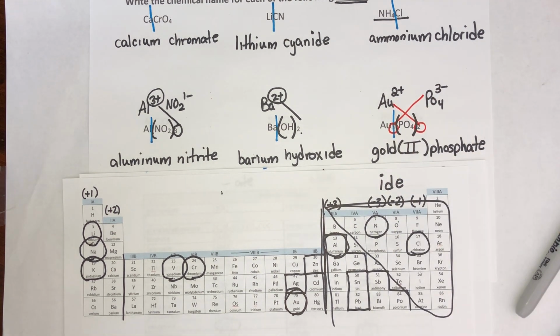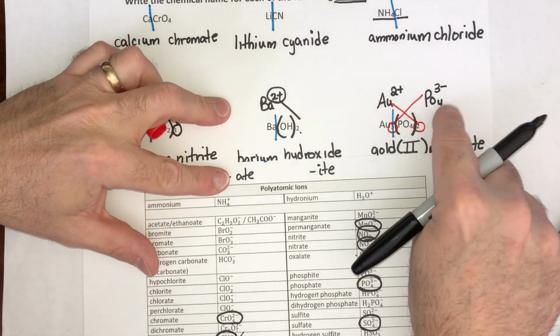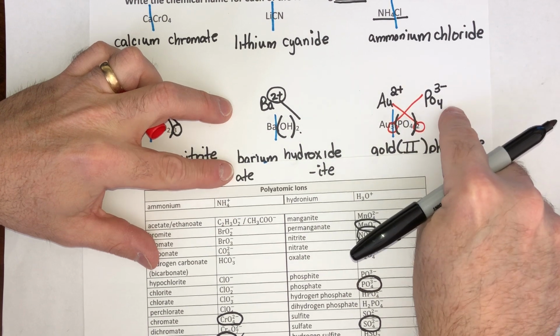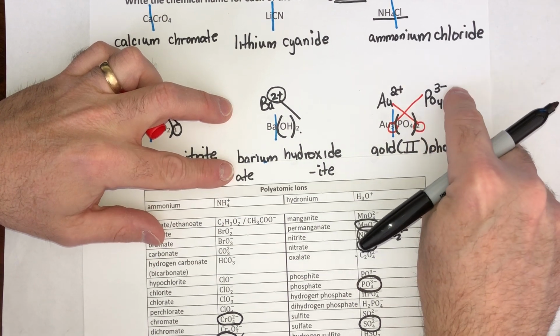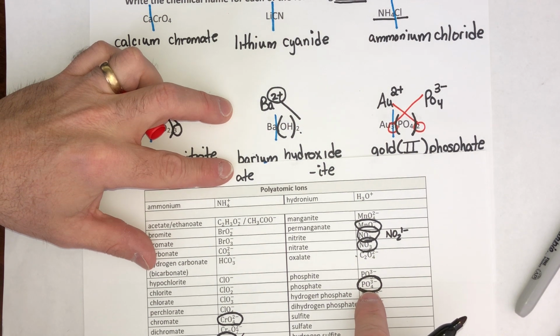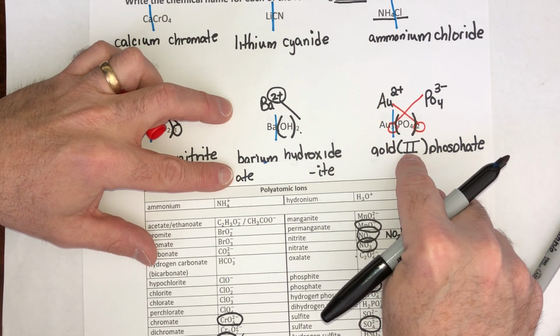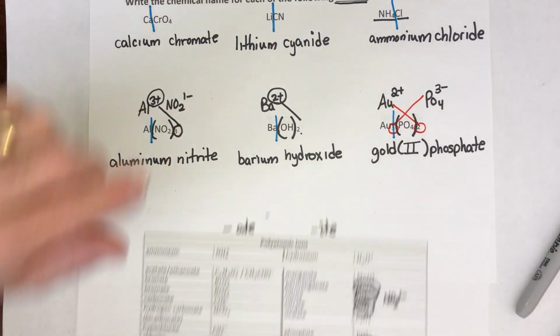And we said you always have to check. And the way you check is you check the anion part. So does PO4 actually have a 3- charge? Yes, PO4 actually has a 3- charge, which means that your gold actually has a 2+ charge. Okay, so that's a correct name.